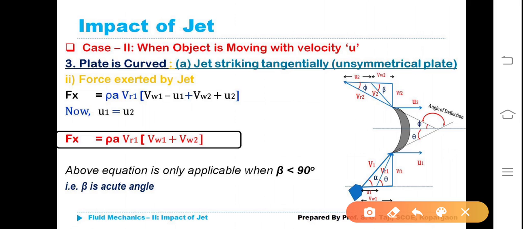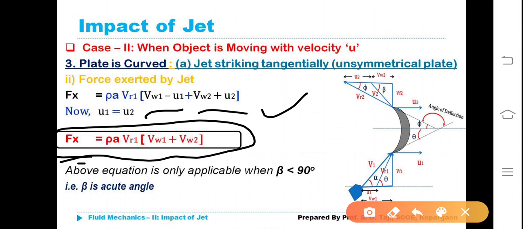Therefore, Fx is equal to rho a Vr1 Vw1 minus u1 plus Vw2 plus u2, because minus into minus will become plus. Now, u1 is equal to u2 because we have assumed that the plate is very smooth. Hence, the ultimate expression for Fx, force exerted by the fluid on moving unsymmetrical plate, is equal to rho a Vr1 whole multiplied by Vw1 plus Vw2.